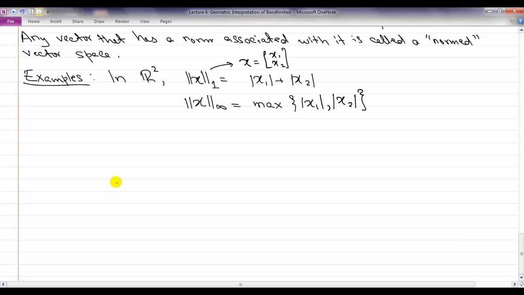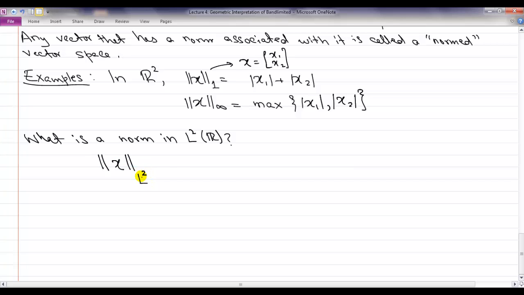But let's go back to the case of functions. What is the definition of a norm in the space of finite energy signals? So what is a norm in L2R? The norm in L2R is defined as the following.